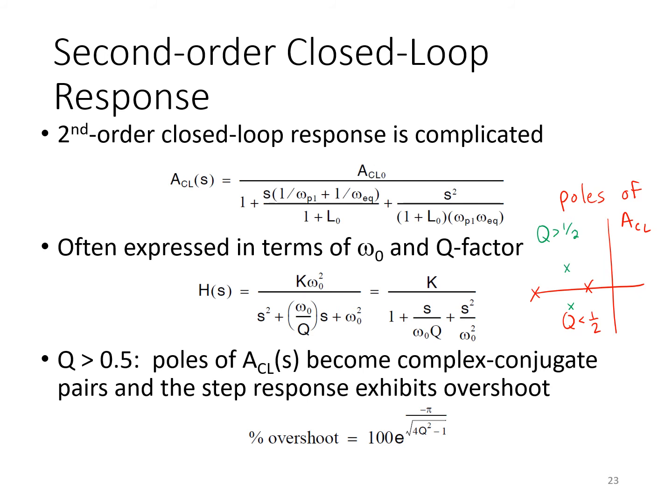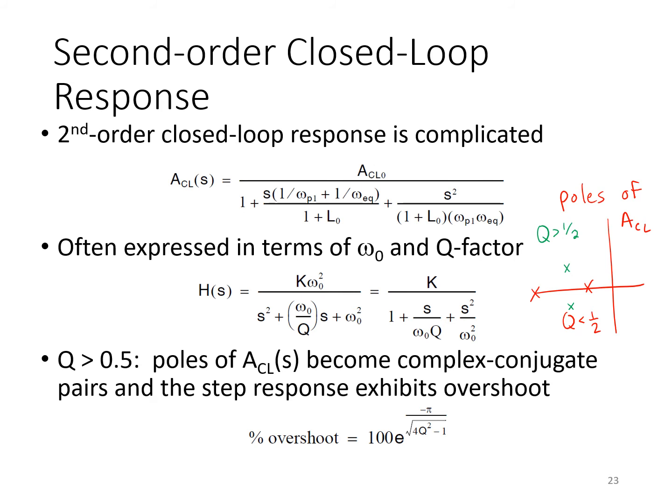We've already talked about how once these poles go beyond a certain point, then we expect to see peaking in the closed loop magnitude response. And that happens when Q exceeds 1/√2, and so that would correspond to the poles being located on a 45-degree angle here. That's when we'll see peaking in the magnitude response.